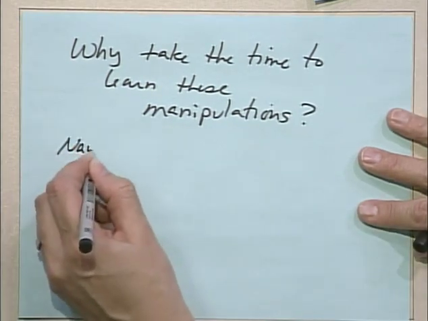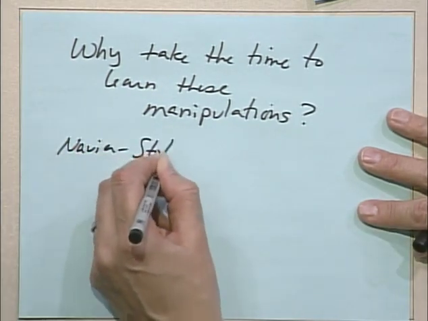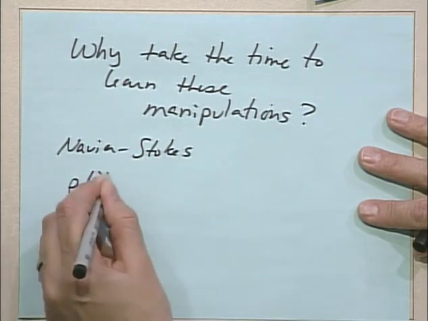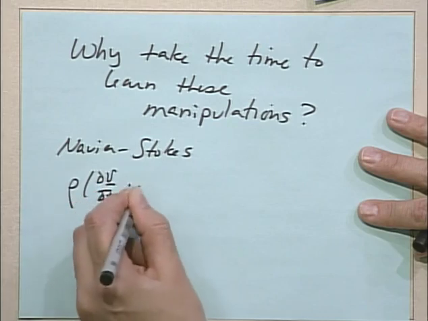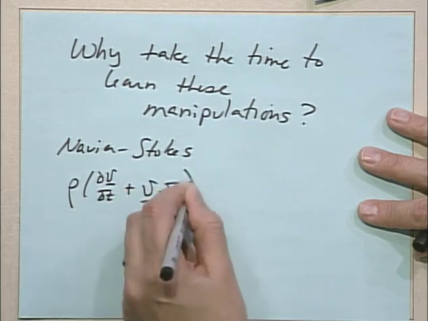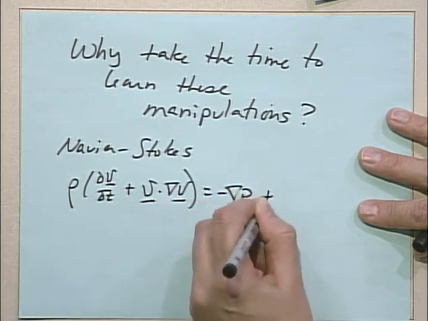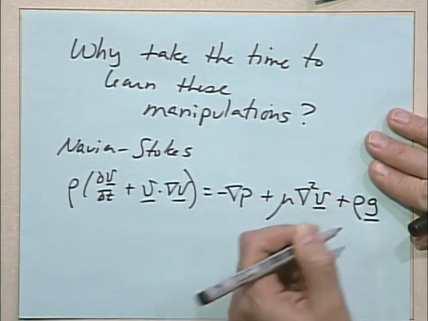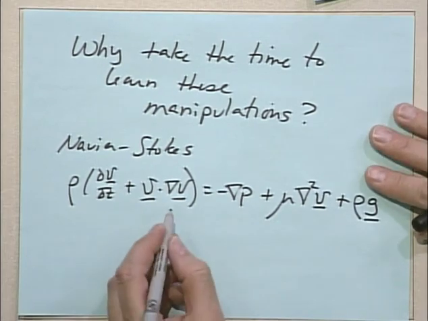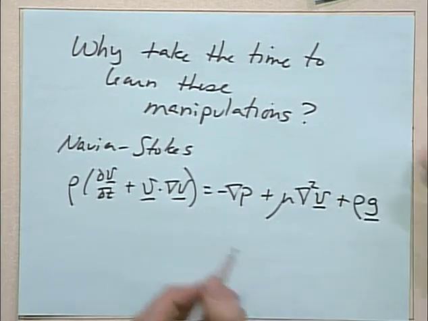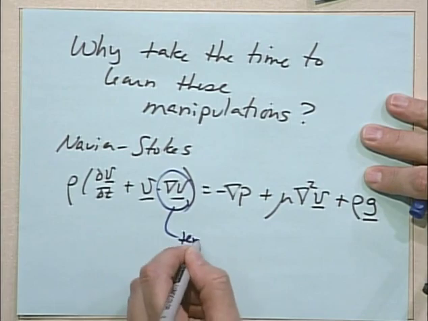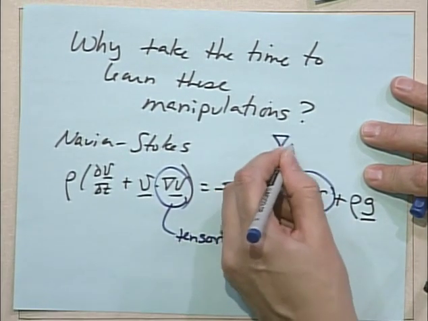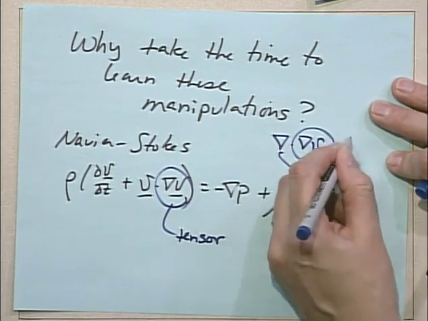The Navier-Stokes equations, written in vector notation, is rho dv/dt plus v dot del v equals minus grad p plus mu del squared v plus rho g. Del v is a tensor. This del squared v is del dot del v, and there's another tensor right there.